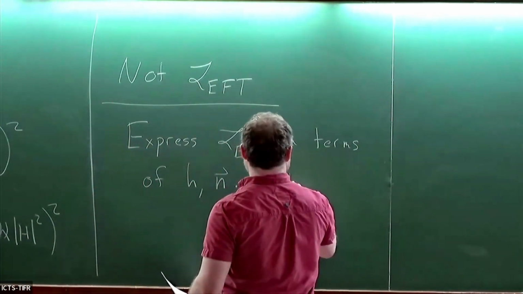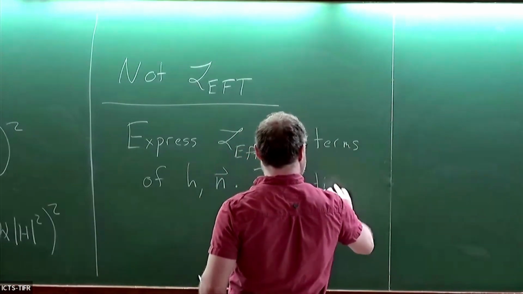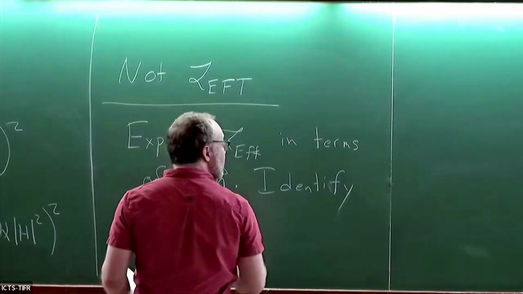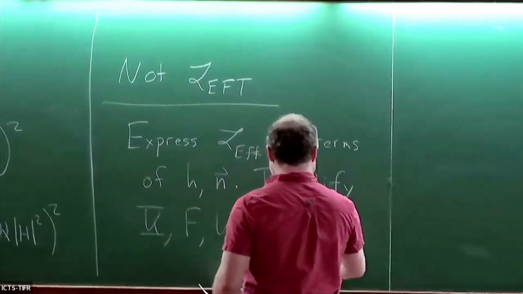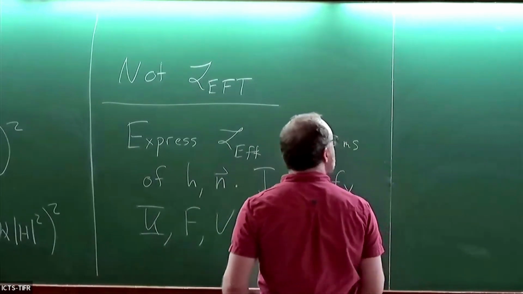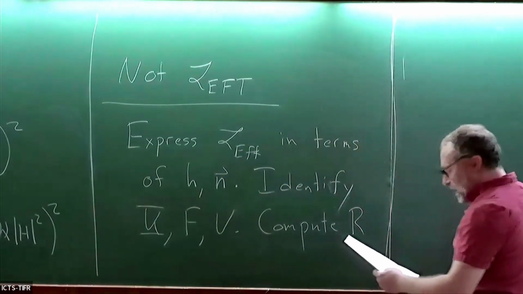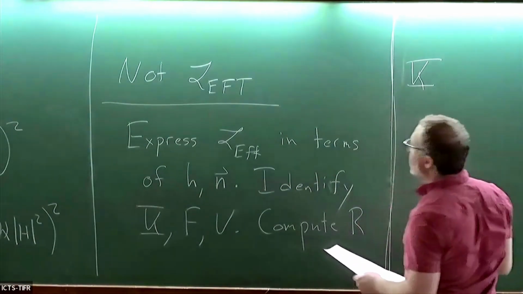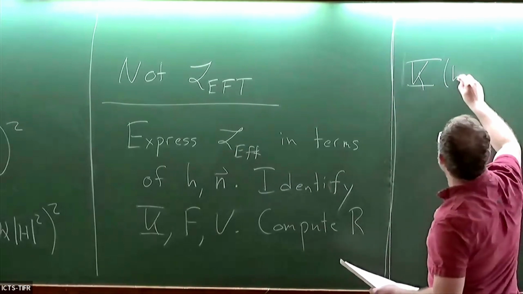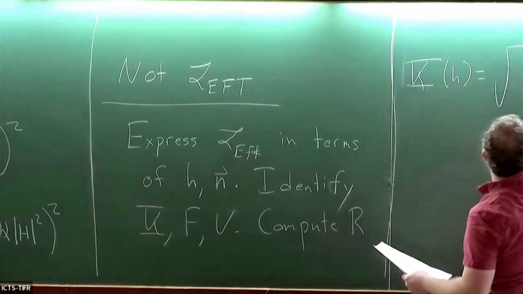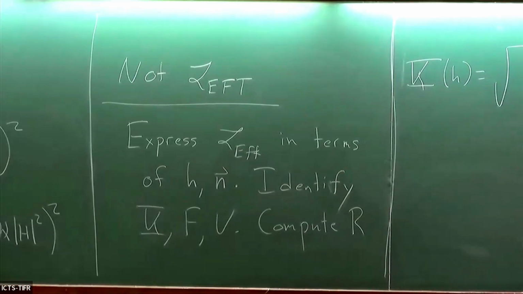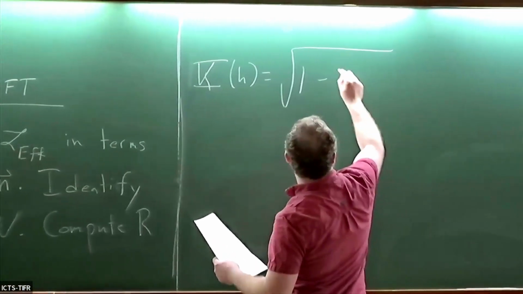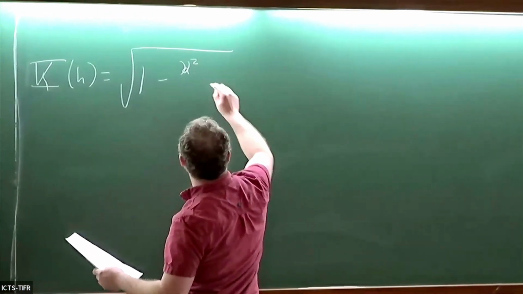We identify K, F, and V, and then we compute R. And what we get, well, here, I'll just give you this one intermediate step, for K. There could easily be typos here. The formulas in the paper are almost certainly right, thanks to my very careful collaborators.